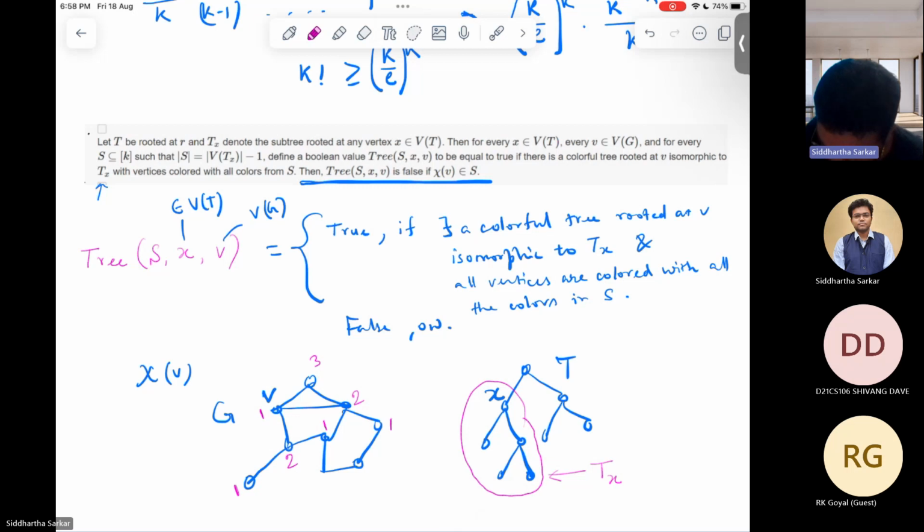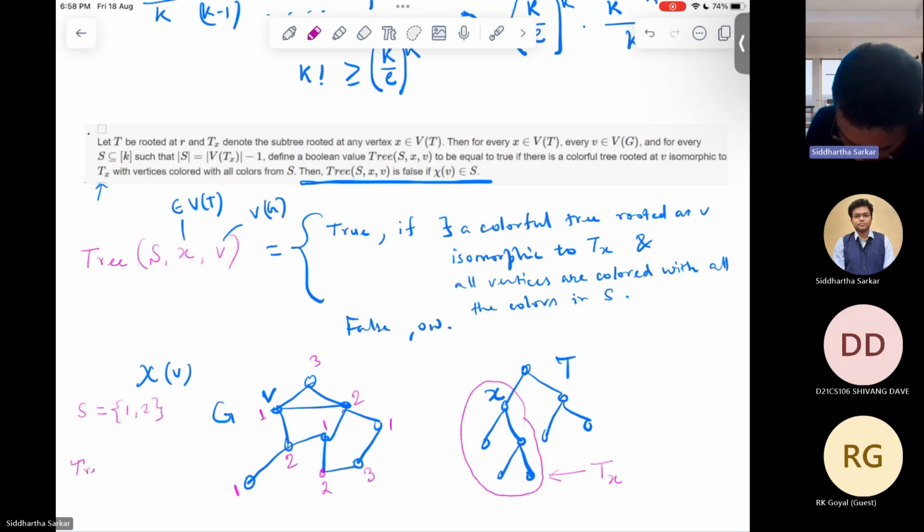This can be 1, this can be 2, and this can be 3. I hope I haven't made any mistakes. So now we have to define S. Let us say S is 1, 2.